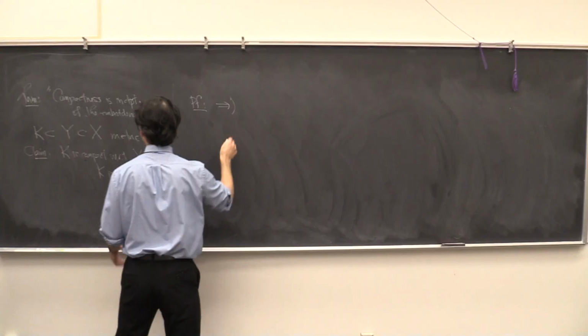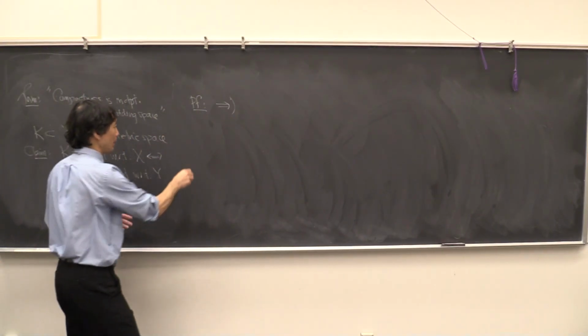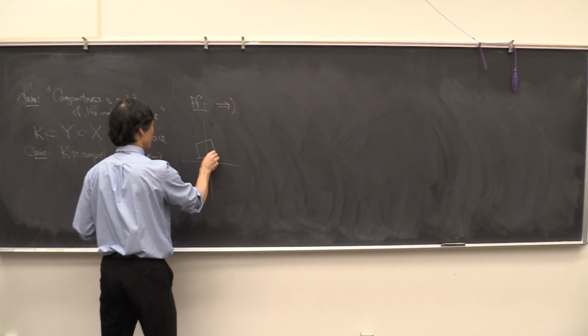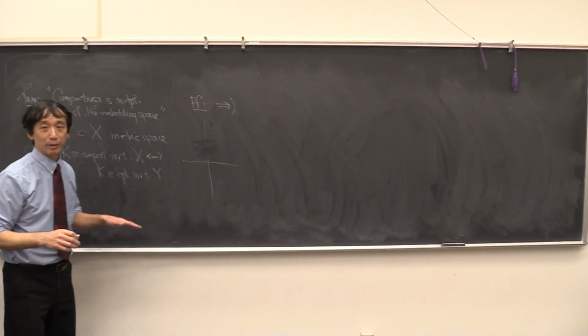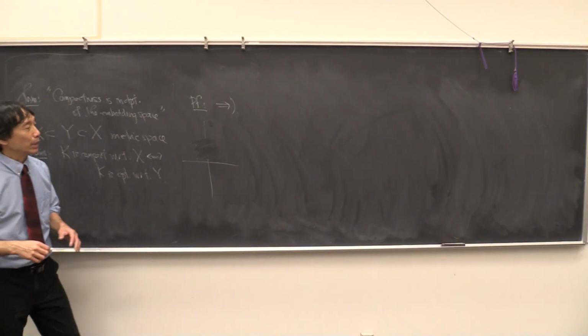So suppose that K is compact with respect to X. It's compact with respect to the big space, and we want to show it's compact with respect to Y also.